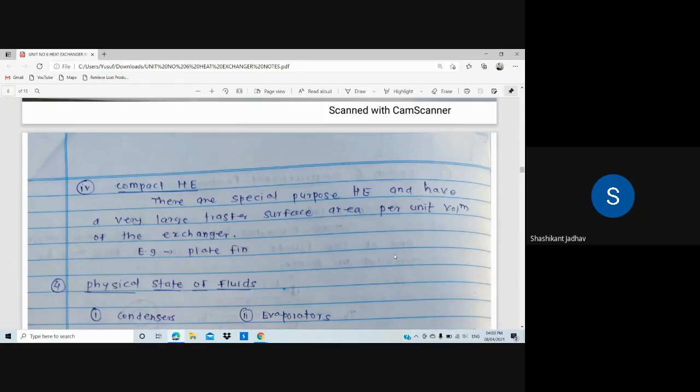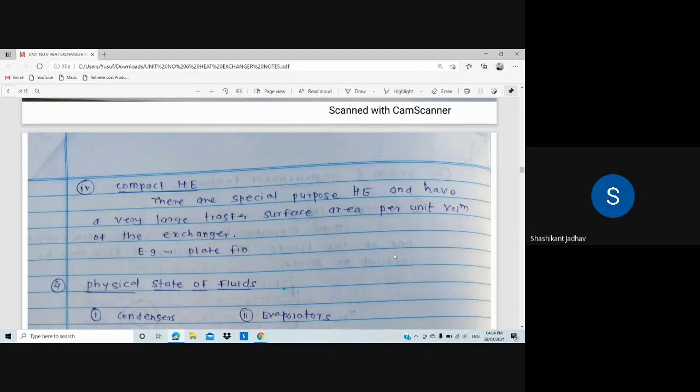These are special purpose heat exchangers and have a very large transfer surface area per unit volume of the exchanger. So as per the application or requirement, we have to use the compact heat exchanger, that is, a special purpose heat exchanger.